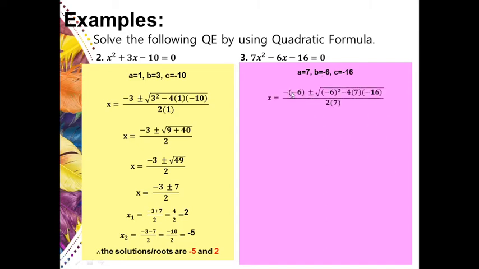So therefore, we have negative times negative 6 plus and minus the square root of negative 6 squared minus 4 times 7 times negative 16 all over 2 times 7.